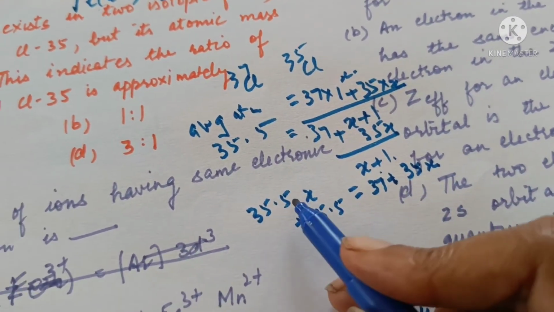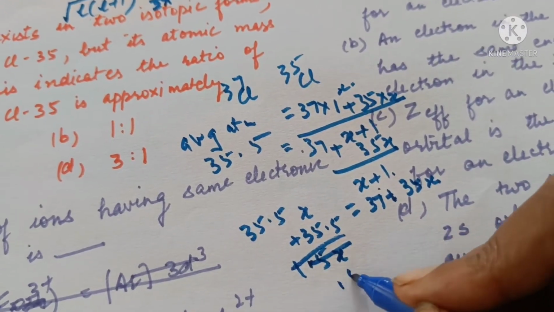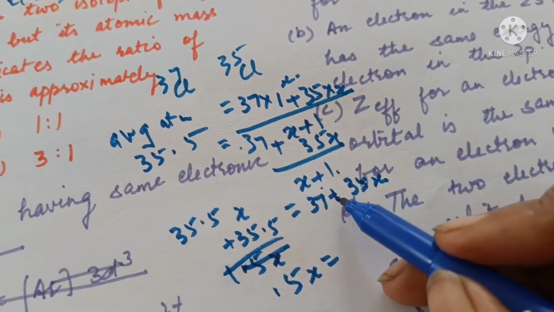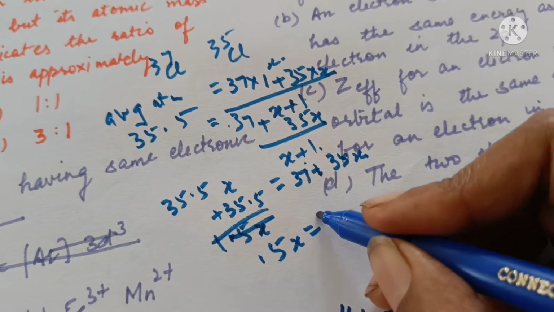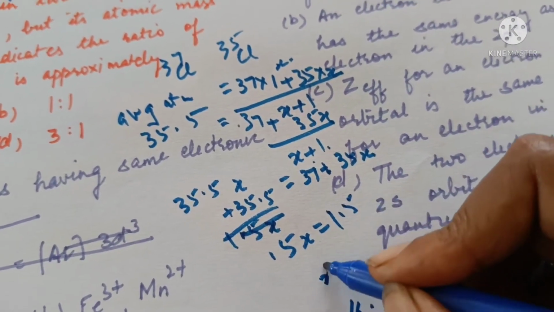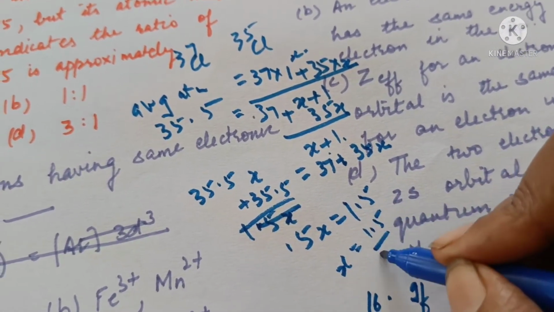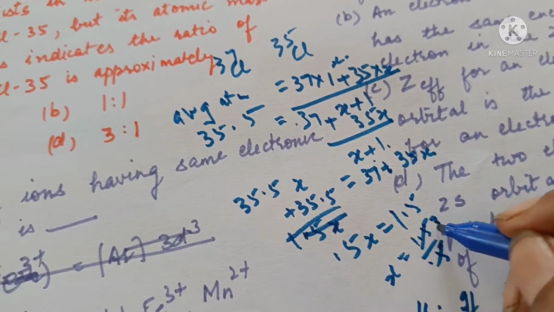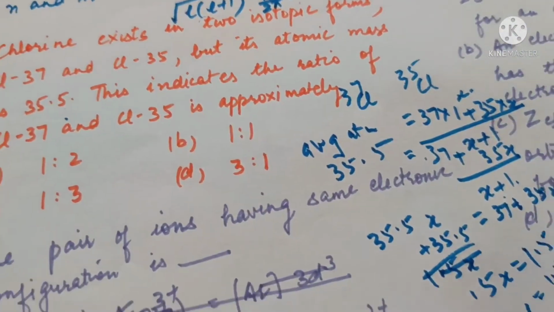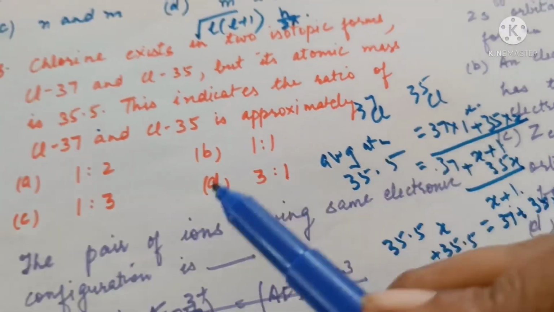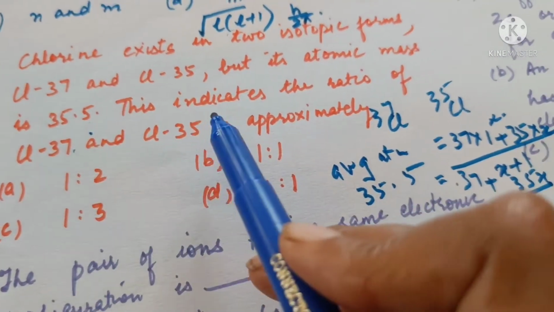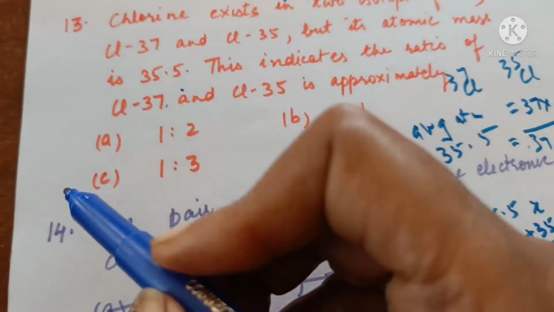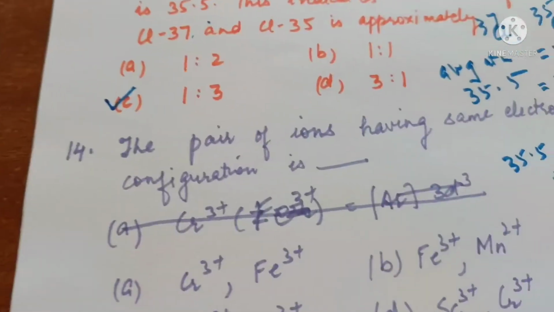Taking x to this side, 0.5x is equal to 37 minus 35.5, which is 1.5. X is equal to 1.5 upon 0.5, which is 3. So if Cl37 is 1, then the ratio will be 1:3. Option C is the correct answer.